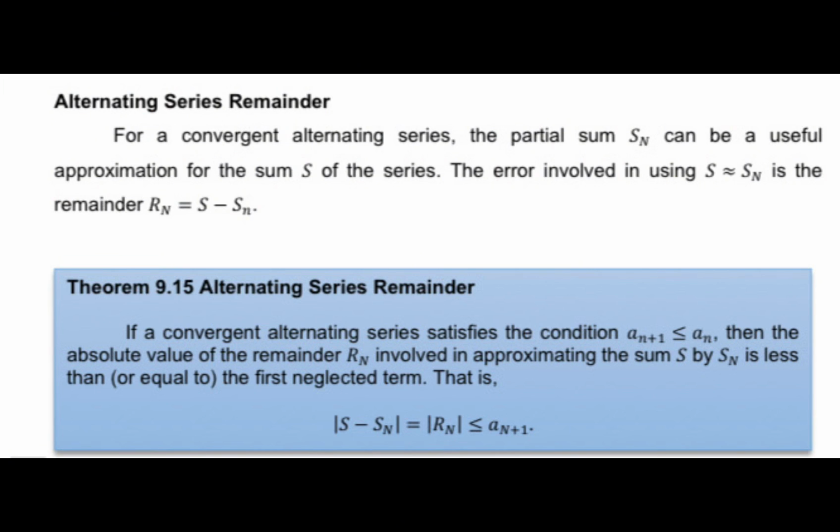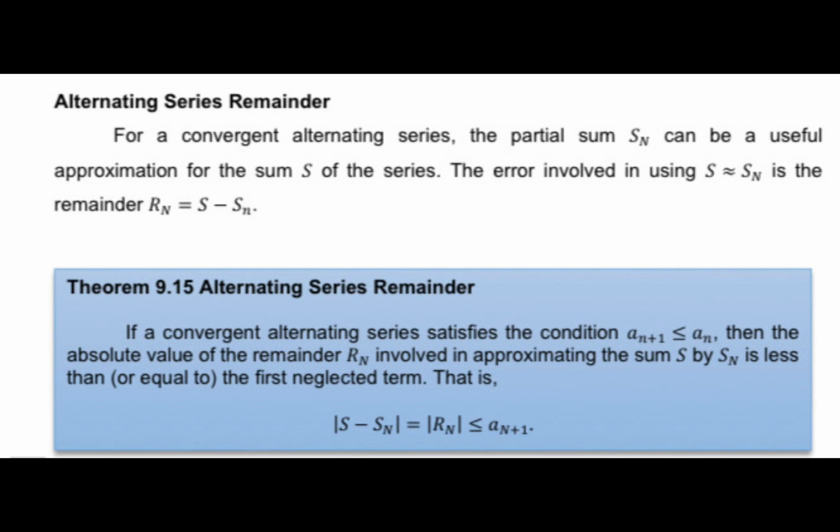So Theorem 9.15, which is the alternating series remainder: if a convergent alternating series satisfies the condition a sub n+1 is less than or equal to a sub n, then the absolute value of the remainder, R sub n, involved in approximating the sum S by S sub n, is less than or equal to the first neglected term.